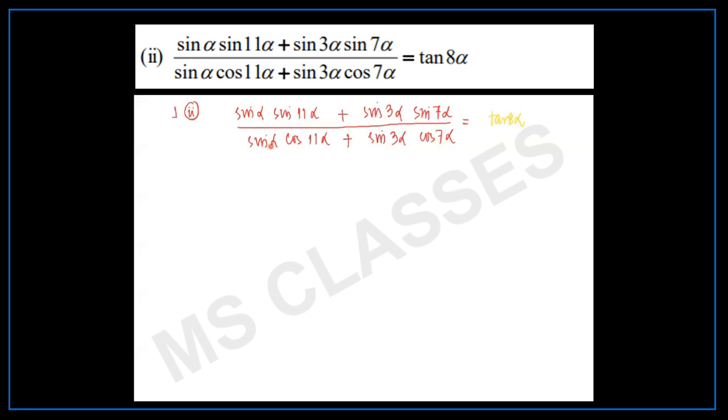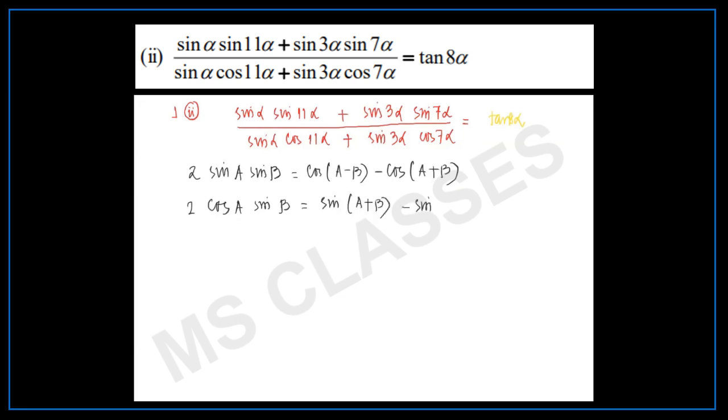That means we have 2 sin A sin B, which is cos(A minus B) minus cos(A plus B), and 2 cos A sin B, which is sin(A plus B) minus sin(A minus B). Now we'll be using these two formulas.